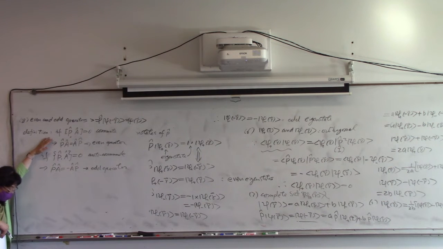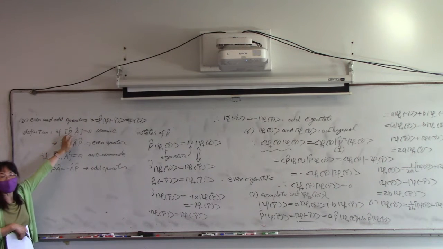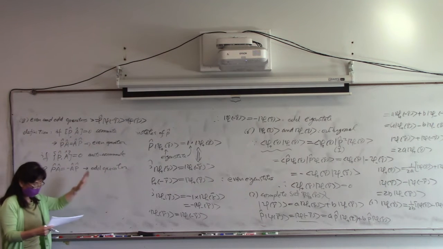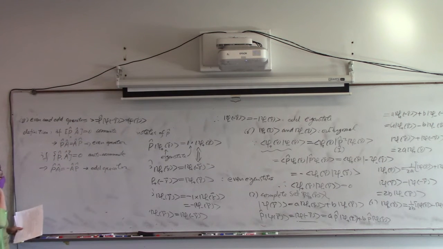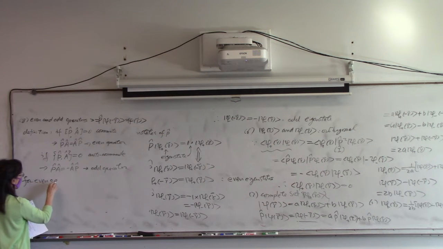When two operators commute with each other, I think I mentioned briefly, and in chapter 3 we are going to discuss in detail, they will form common eigenstates. I remember I mentioned it, right? So let's consider the even operator, because this is important.